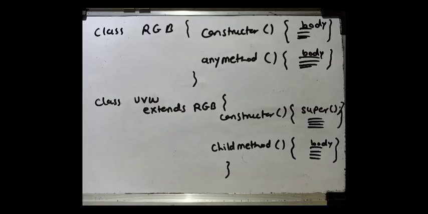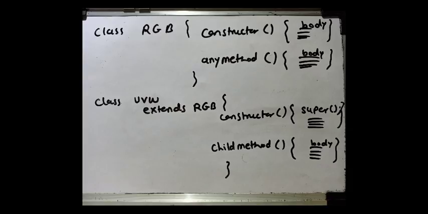I have two classes, RGB and UVW. Can you see? UVW extends RGB, means there is a concept of inheritance. And when you want to use inheritance, that means you want to extend the parent, then you have to write super compulsorily in the constructor.